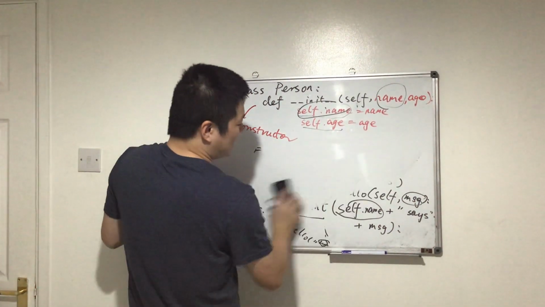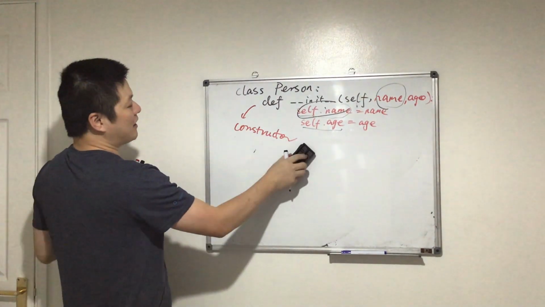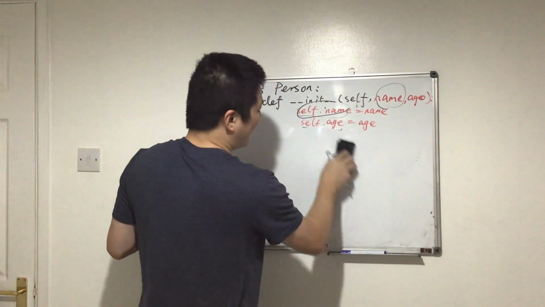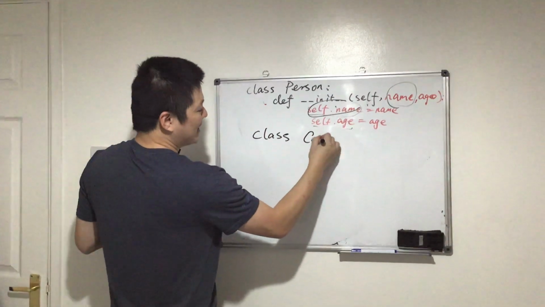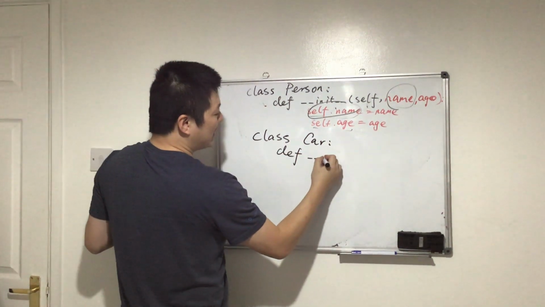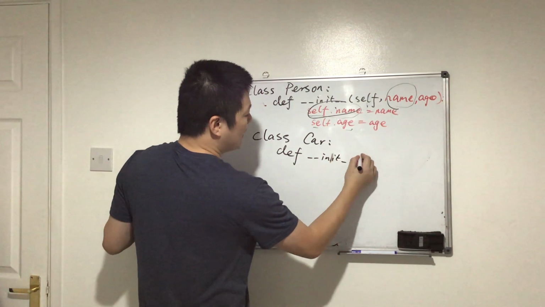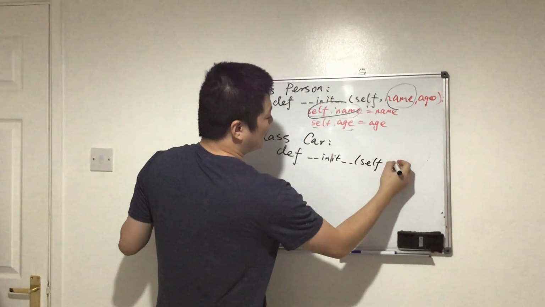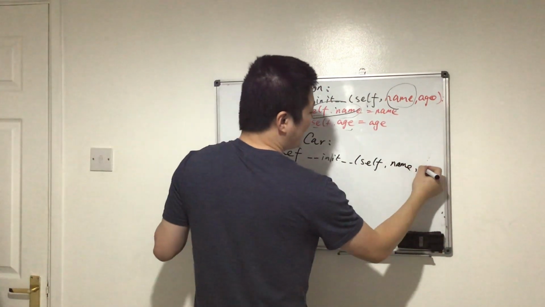So this is called a person object. And if we define another one, class Car, with __init__, this is the constructor. Car takes self and a name, the name of the car, and then speed.